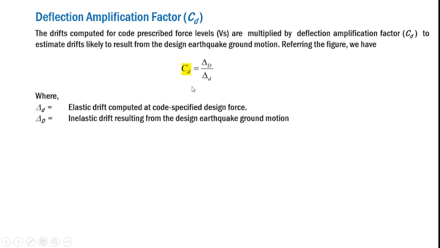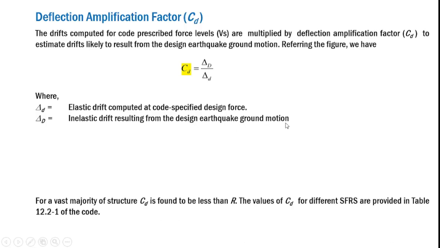So remember here, CD is defined as delta capital D divided by delta small d, where, as already explained, delta small d indicates the elastic drift computed at the code specified design force. Remember, delta small d is elastic and delta capital D is nothing but the inelastic drift resulting from the design earthquake ground motion.